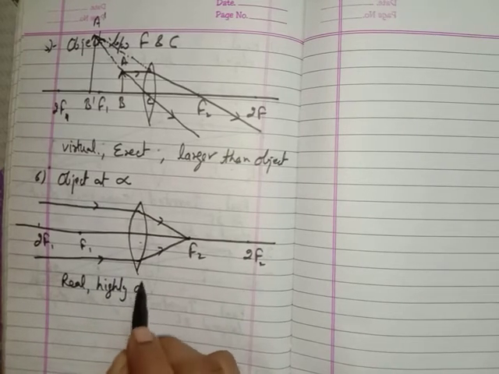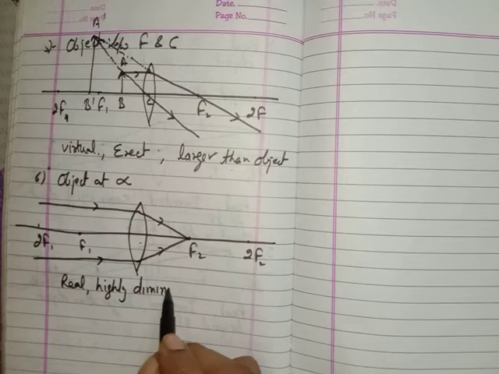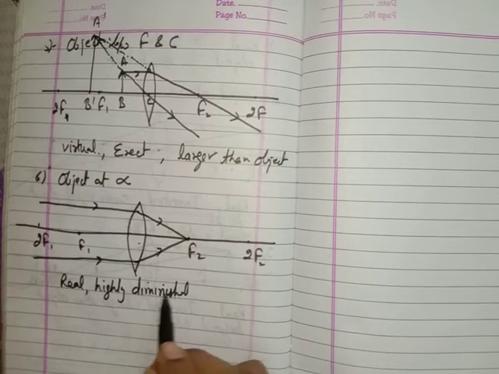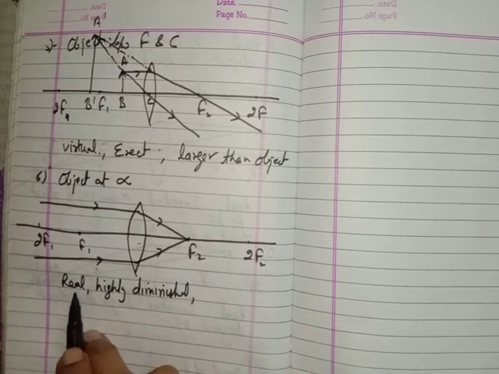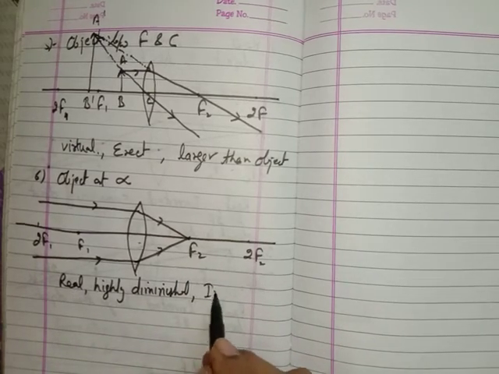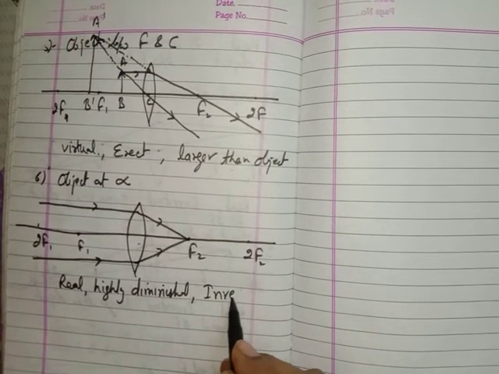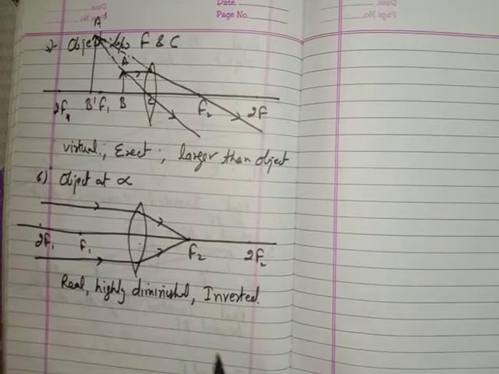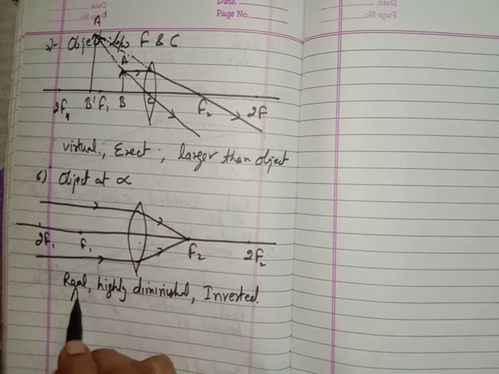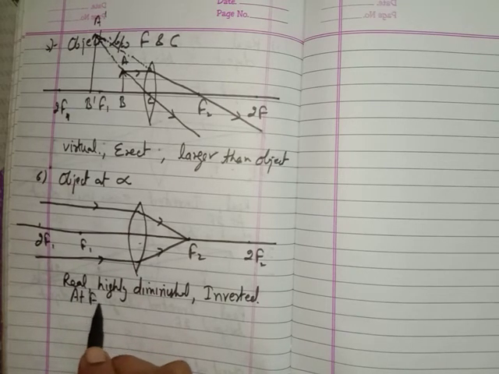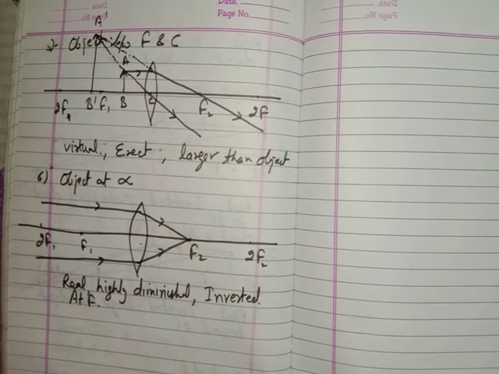Highly diminished and real, and a real image is always inverted, so it will be an inverted image. And what is the position? The position is at F. So these are the image formations by the convex lens.